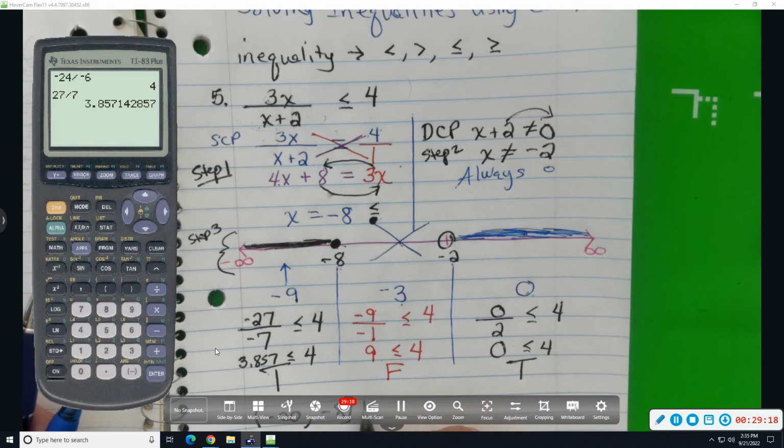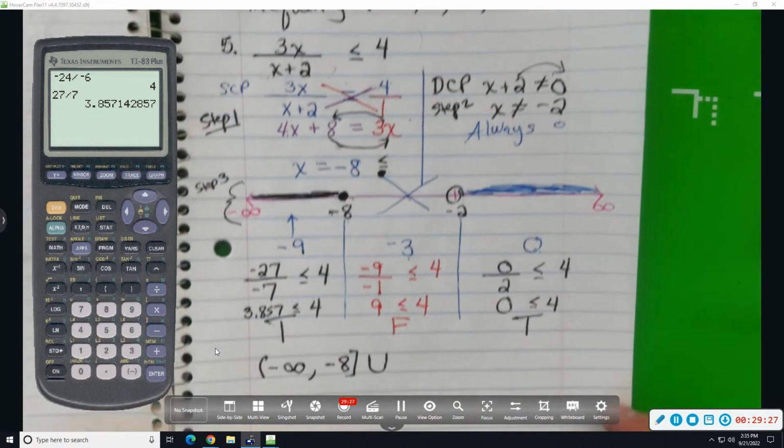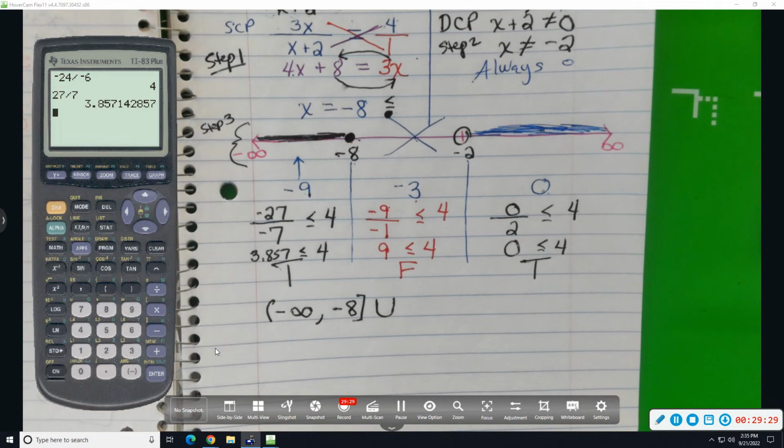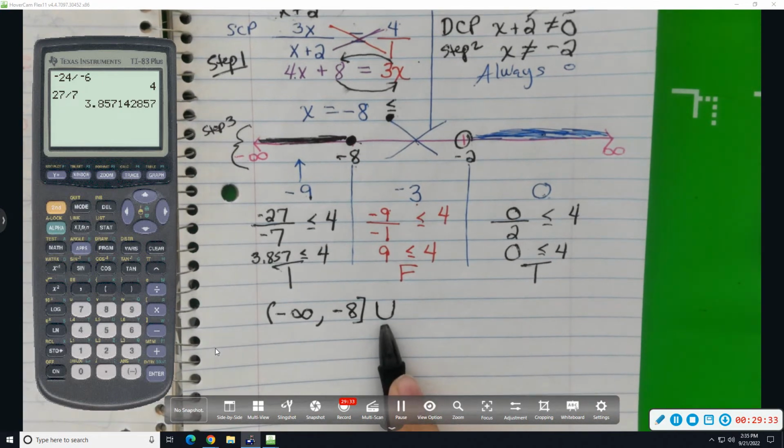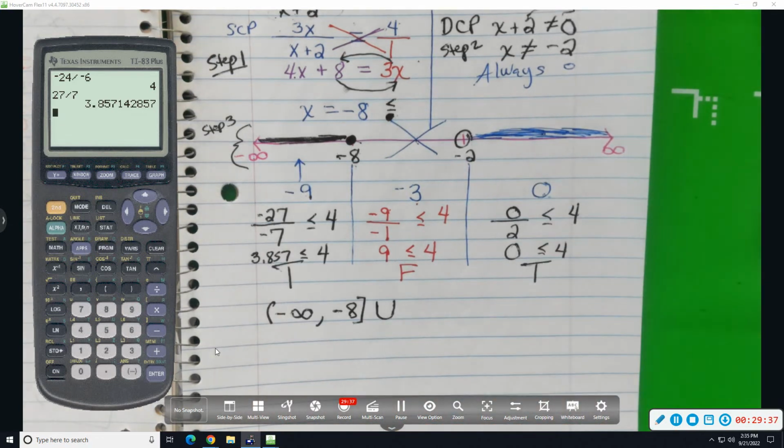Then we have that U shape that's red union, which means it's all on the same number line. Oh, oops, let me lift that up. Sorry about that. There. You put a union there, which just means it's two regions on the same number line. And now call it out.